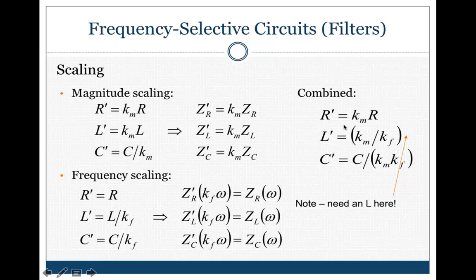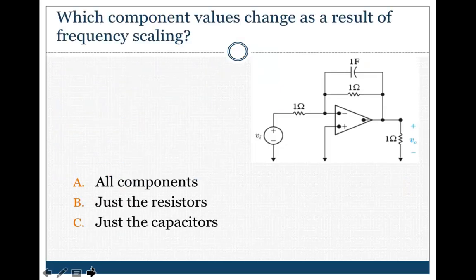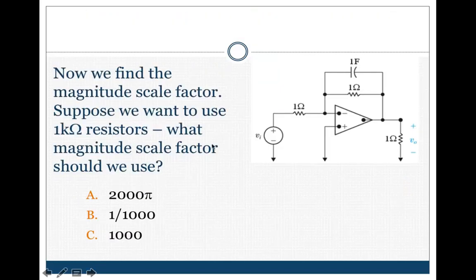So R prime is K sub M times R. Now, if we want to use 1,000 ohms, that would be our R prime. Our R would be 1, and so in order to get that, we would have to scale by a factor of 1,000. So the correct answer here would be C.